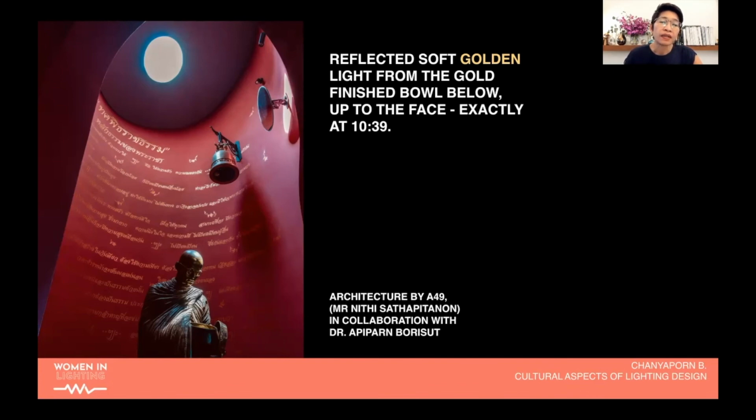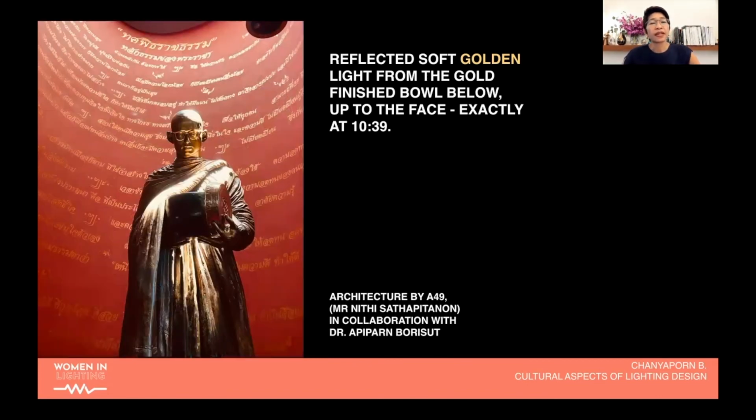So it's like providing accent lighting, but using daylight, indirectly, because we designed the daylighting to reflect on the mirror. So here is exactly at that time, 10:39 on 5th of December.